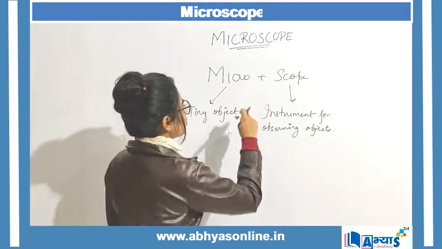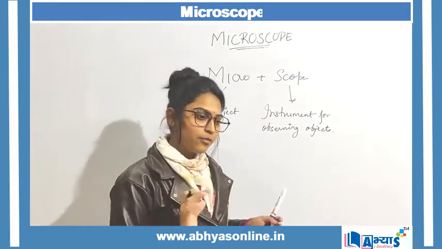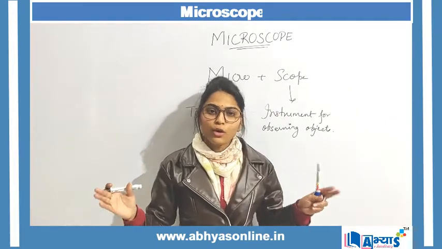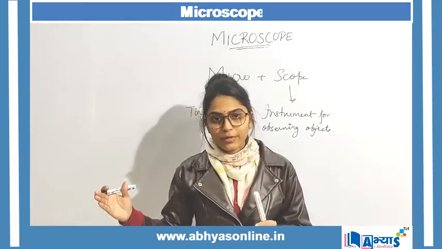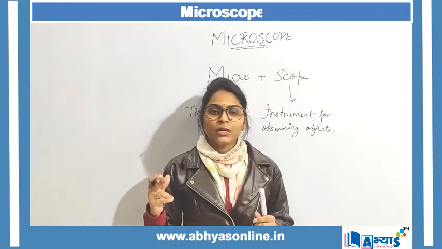So when I join these two words, it gives microscope, which gives a definition: a microscope is an instrument which is used for observing tiny objects that are not visible by our naked eyes.